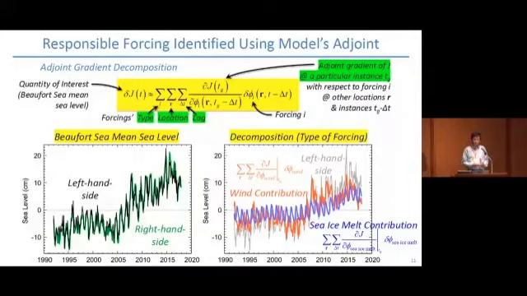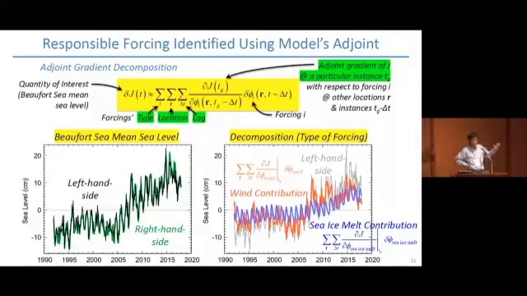This expansion consists of 3 separate sums over different types of forcing indicated by I, such as wind forcing and heat flux, the forcing's location, R, and the time lag, delta T, between the forcing and the quantity of interest, J. This equation allows us to identify what type of forcing, at what location, and when it causes the variation on the left-hand side.